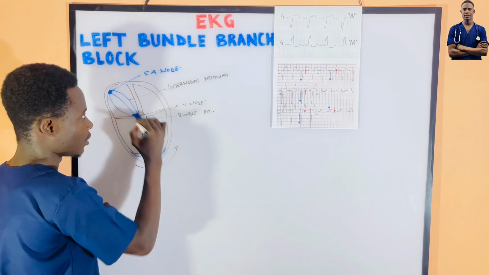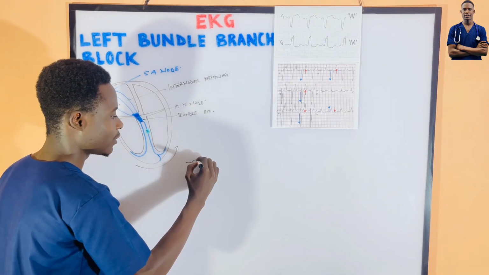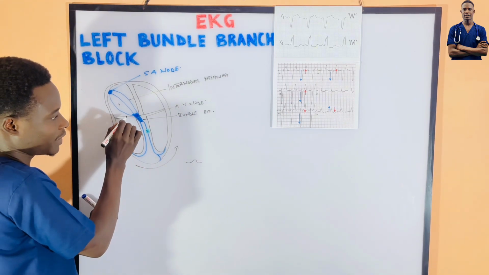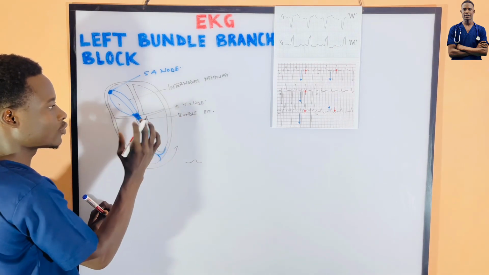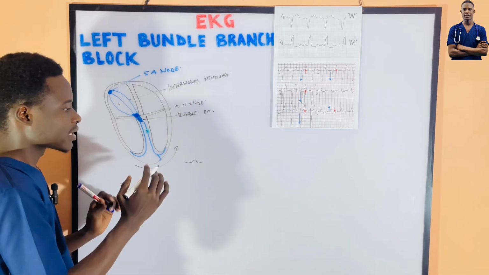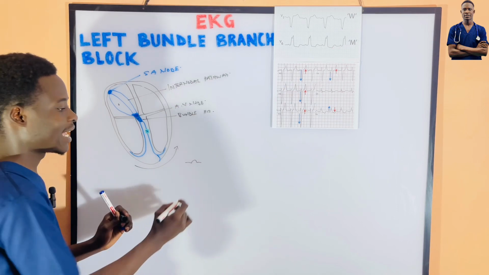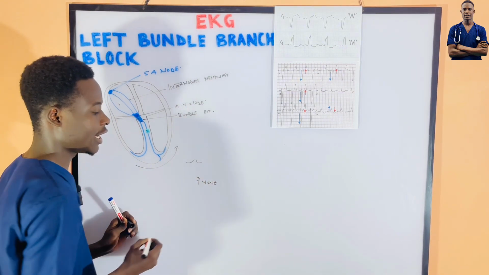Now, let's look at something over here. After the atrium gets depolarized, we get our P wave. Then after the P wave, it passes through the AV node and then to the bundle of His and then to the septum. Now, in this condition, there's an absence of what? A Q wave.